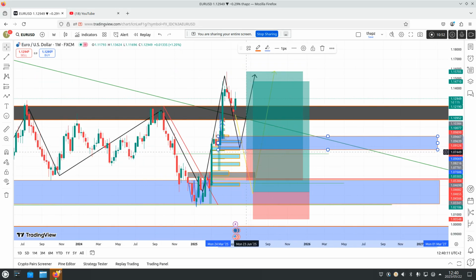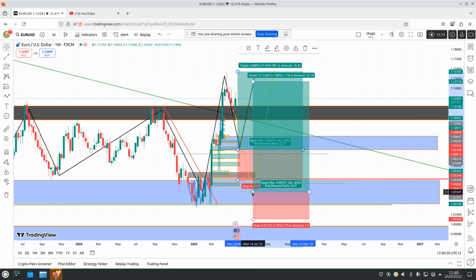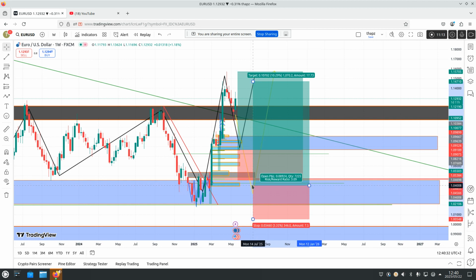On the first position, we can expect the price to hit a stop loss in this area. But we can also expect to be in a buying position in this area, which is not too far away.